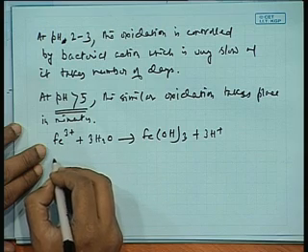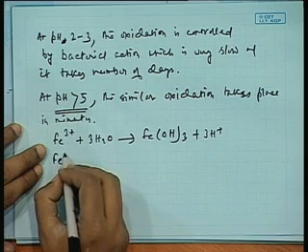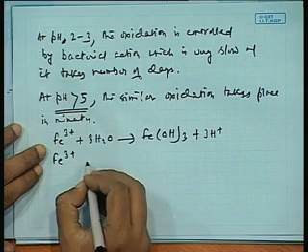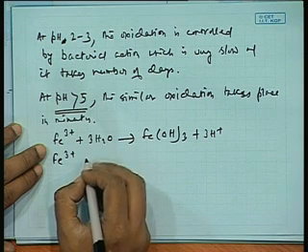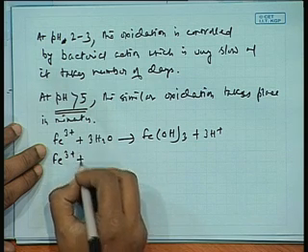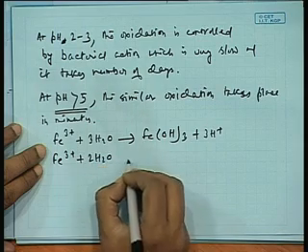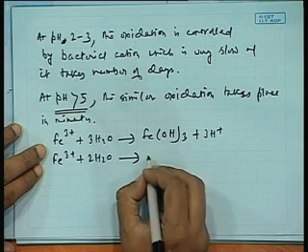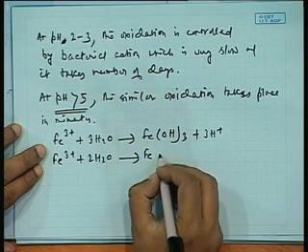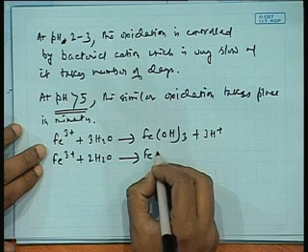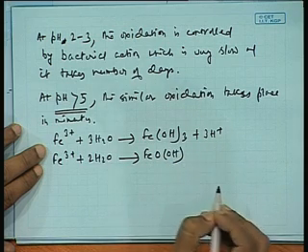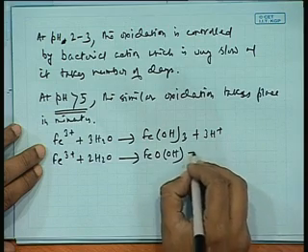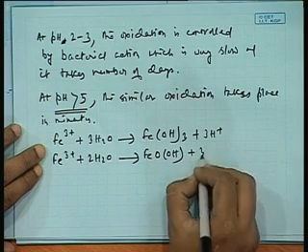Similarly, another reaction is 2H2O converting it to ferric oxyhydroxide plus 3H.